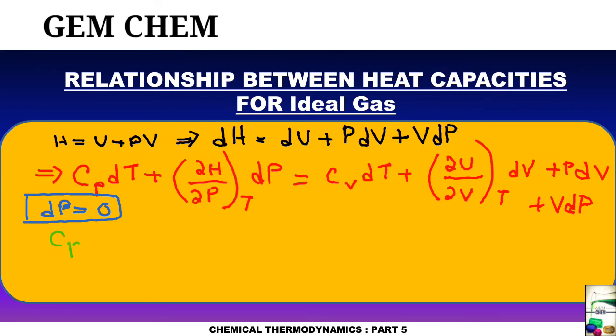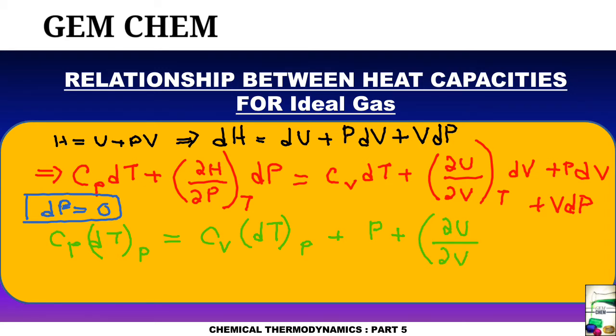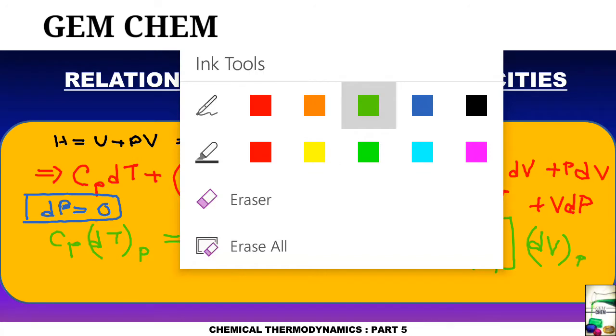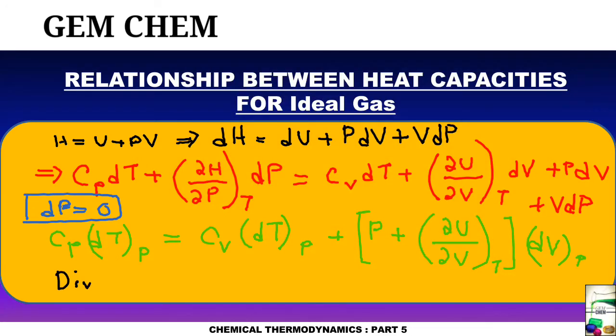So we can write Cp dT at constant pressure is equal to Cv dT at constant P plus delta U by delta V at constant T in the bracket and dV at constant P. Now dividing the whole thing by dT, this dT goes away and here comes a dT, right?